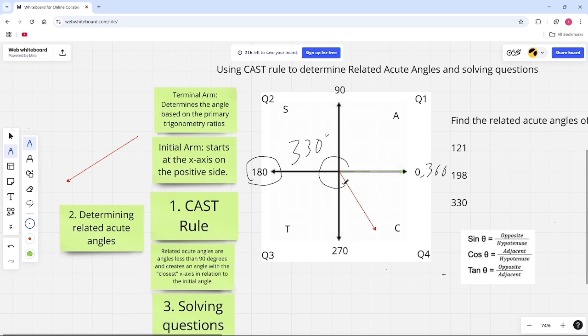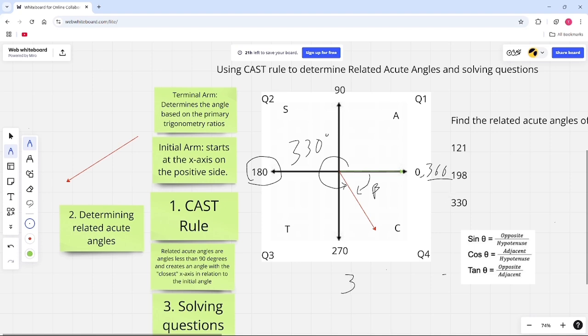Now, to find the related acute angle of 330, we don't actually subtract 180 or add 180, because that'll simply create an angle greater than 90 degrees. We have to try to find this angle over here, angle theta.